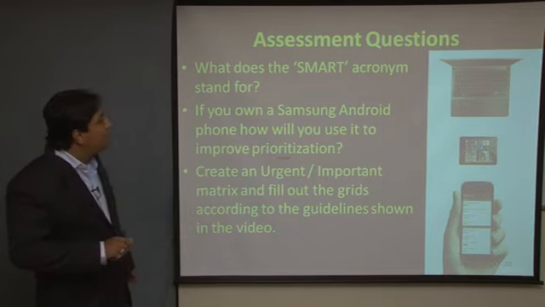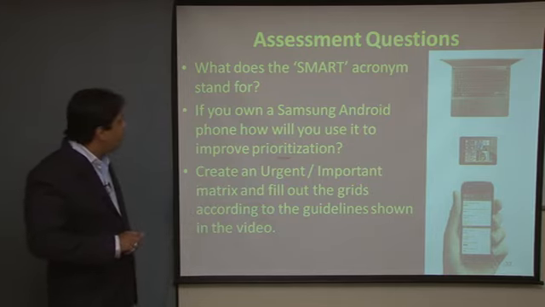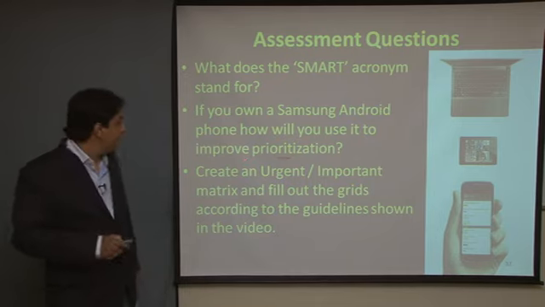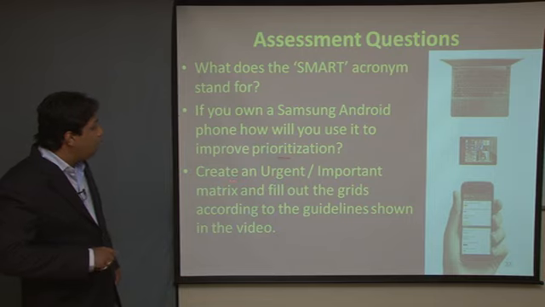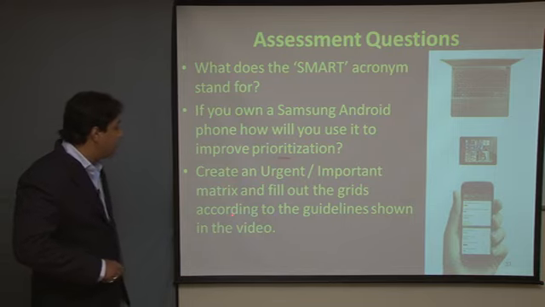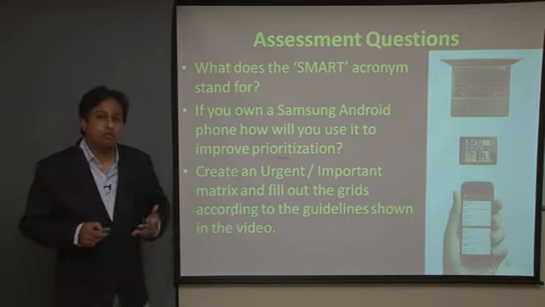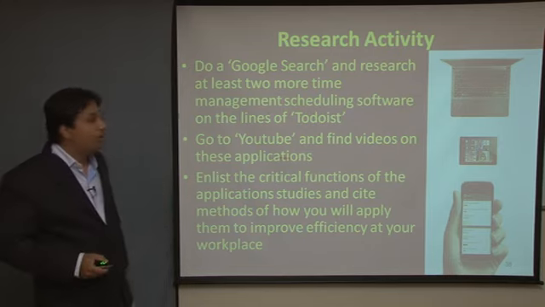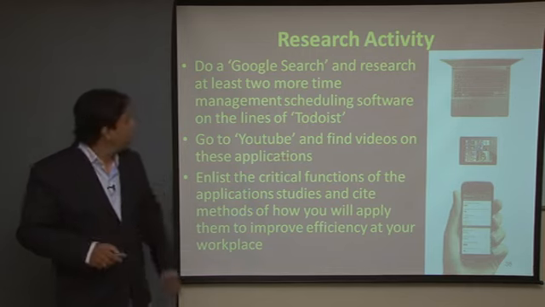If you own a Samsung Android phone, how will you use it to improve prioritization and goal setting? You need to create an urgent-important matrix and fill out the grids according to the guidelines shown in the first video by Daryl Cross. There is some research activity that you need to do as a part of this interactive session.